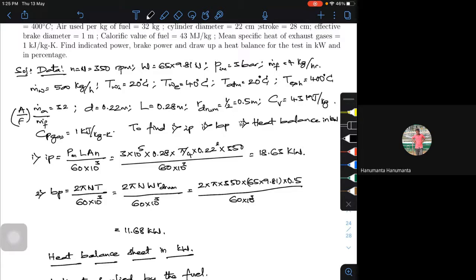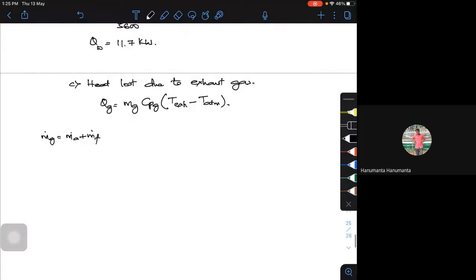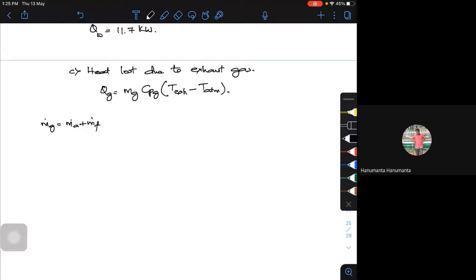Therefore, mass of air is equal to 32 times the mass of fuel, which is 4 kg per hour.